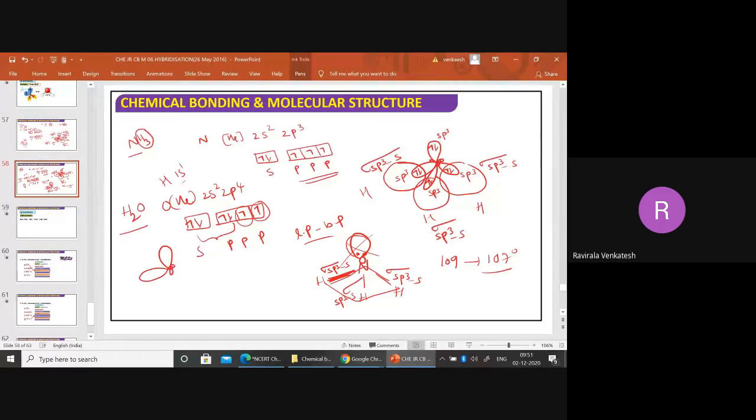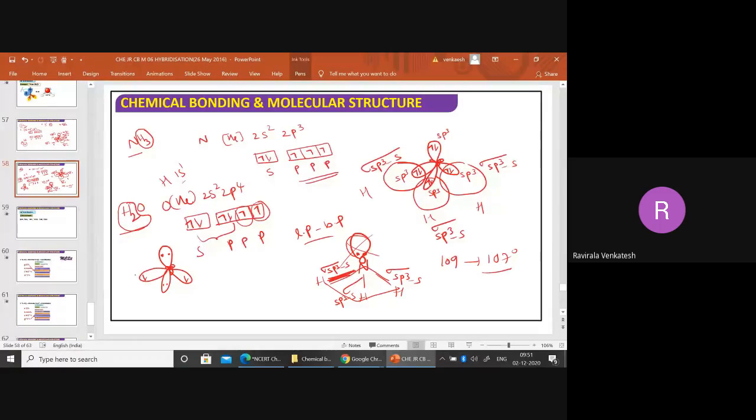So you have a lone pair here, and you also have a lone pair here. Here you have unpaired electrons, one electron here and one electron here. How many hydrogens are there?